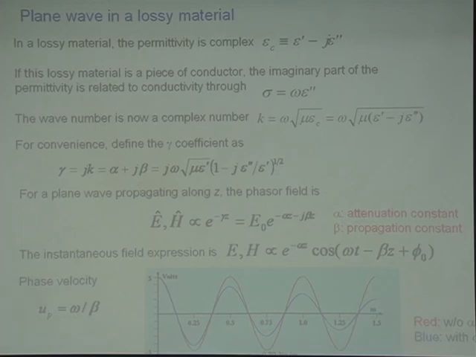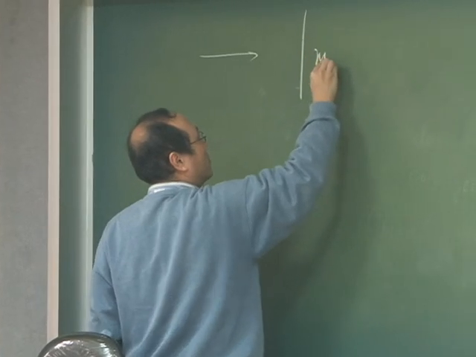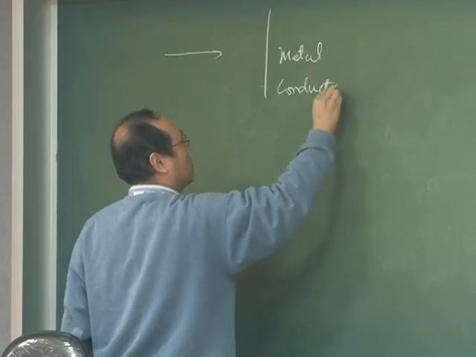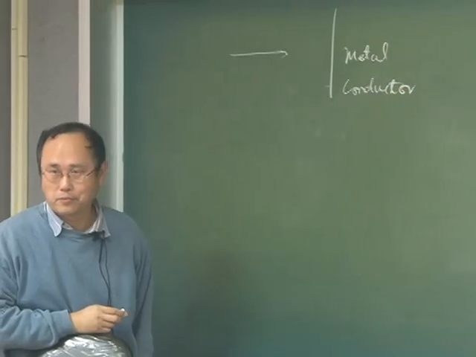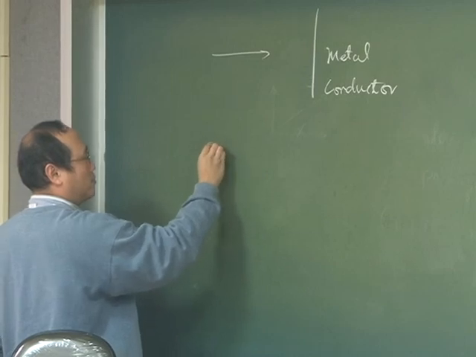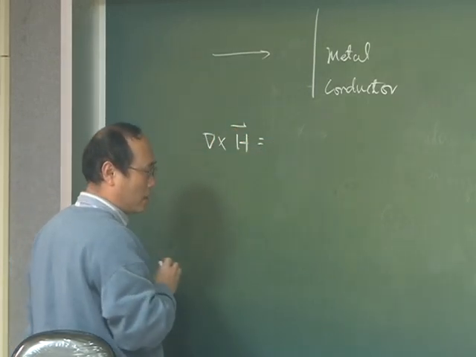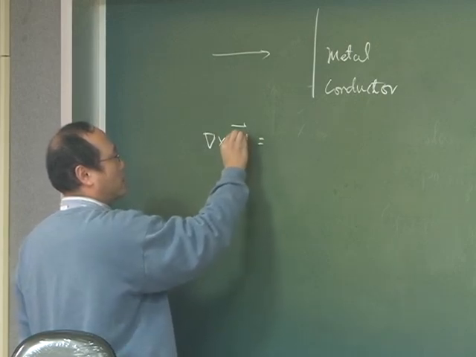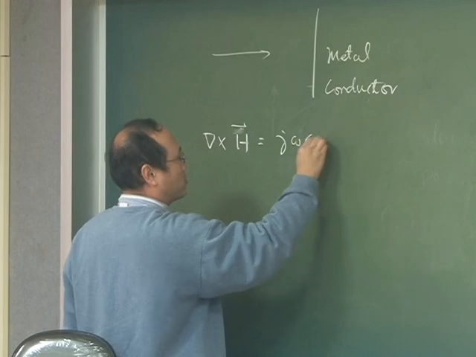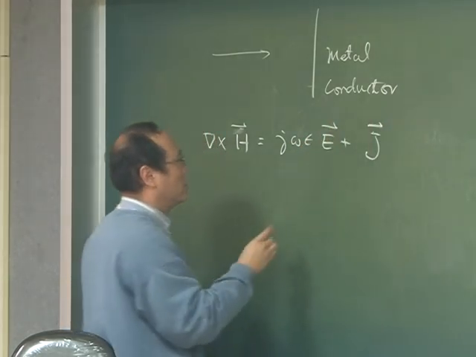Now think about if I have a wave incident on a piece of metal or conducting material, a piece of good conductor. Then for the Ampere's law, let me write down the phasor notation. Okay, just phasor notation. This is J omega epsilon E plus J. This is phasor.